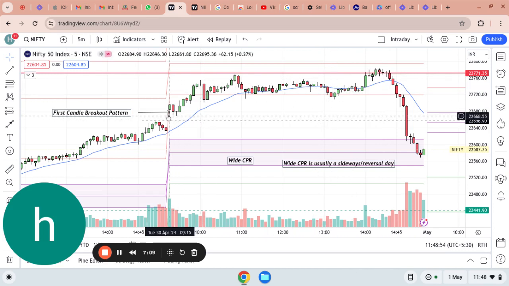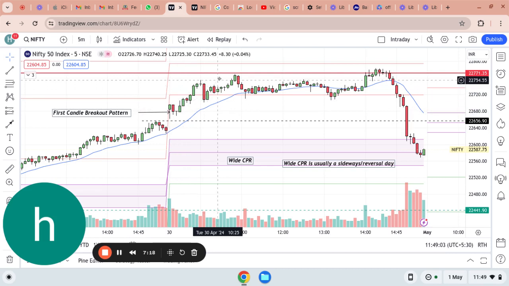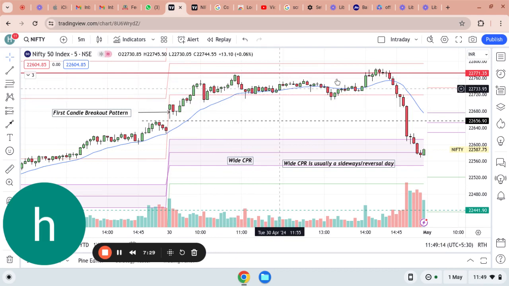First, the first candle should be a green candle for the M pattern. Second, the market is going up, up, up, and at some point it should retrace down at least 50 to 60% of the total range. So it has retraced back and then again went to the same point, and from there it has fallen.